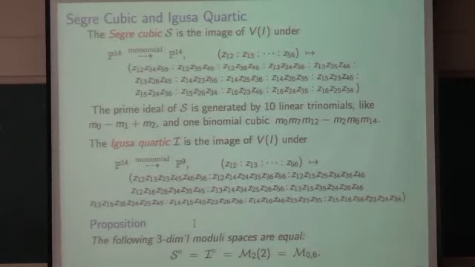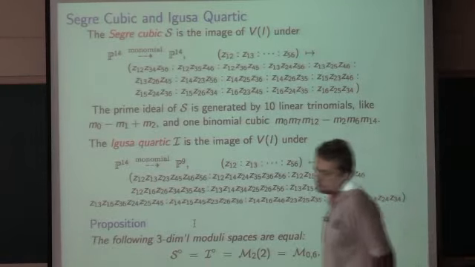So if you have a double cover of P1 branched at 6 points, that's also a genus 2 curve. And if you label those points, then that's a level 2 structure. So this is the space. So I've given you a highly symmetric embedding either into P9 or P14, your choice, of these moduli spaces.